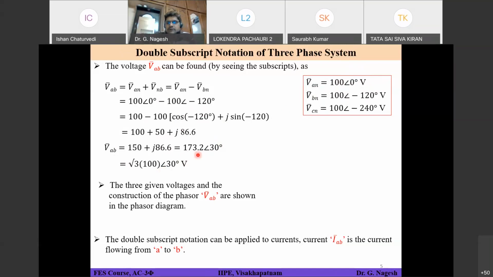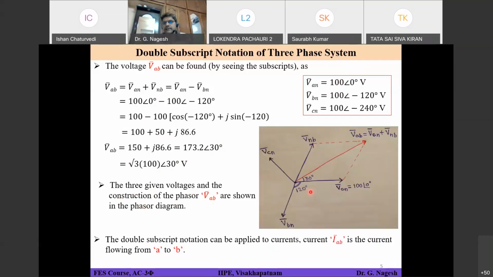Okay. So what could be the phasor diagram? If you draw the phasor diagram, the three given voltages and the construction of the phasor voltage VAB are shown in it. So this is the equivalent phasor diagram of these expressions. Right. So VAN is 100 at an angle of 0 degrees. VBN lags this VAN by 120 degrees. VCN leads this VAN by plus 120 or lags VAN by minus 240.